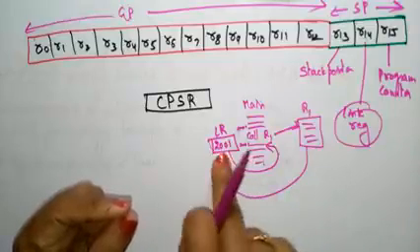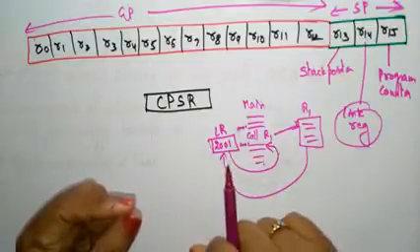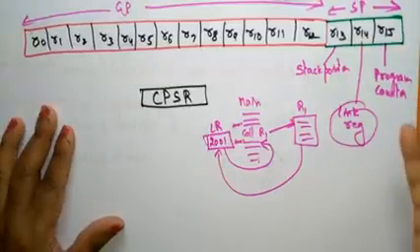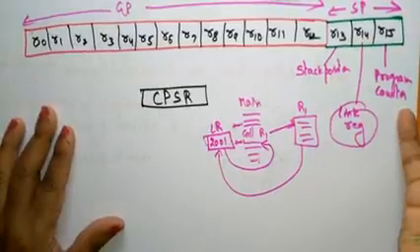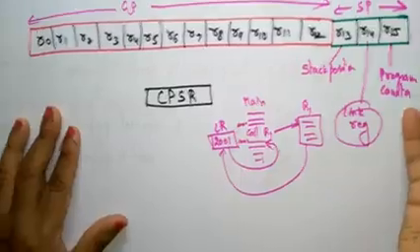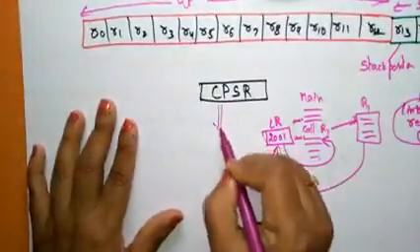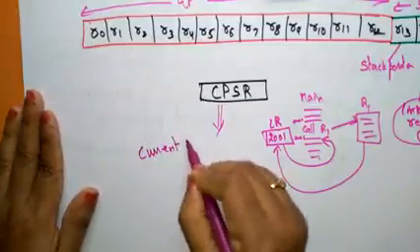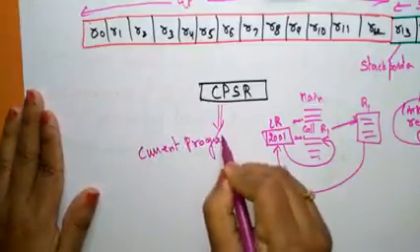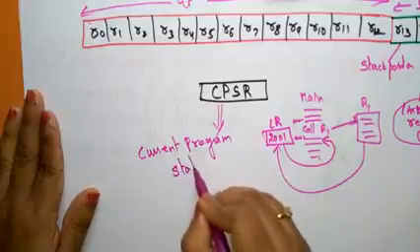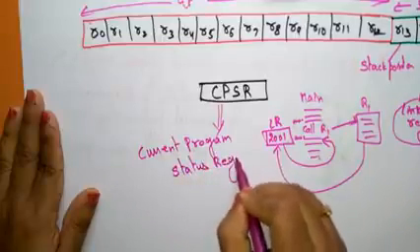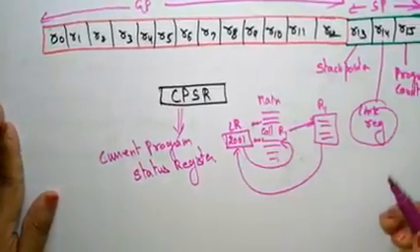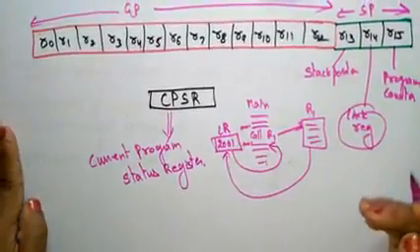Now coming to the program counter: we already know that it stores the address of the next instruction to be executed. And CPSR means Current Program Status Register.